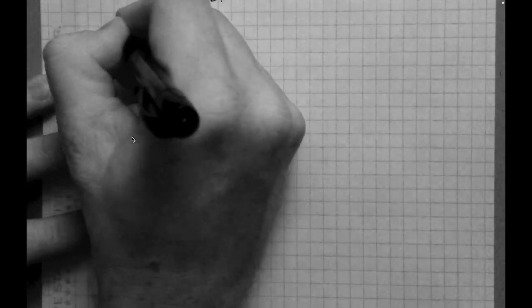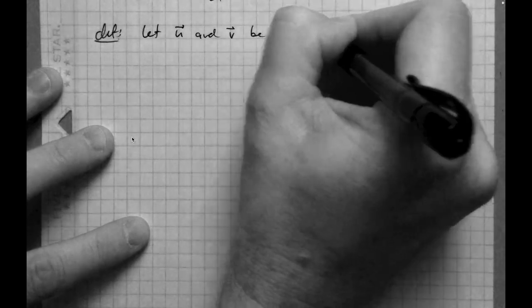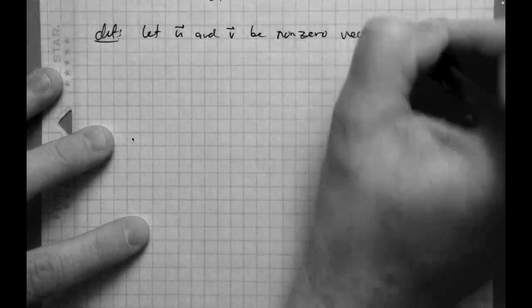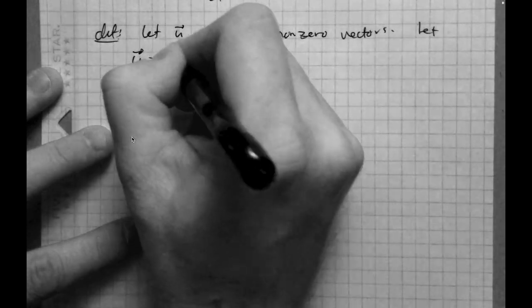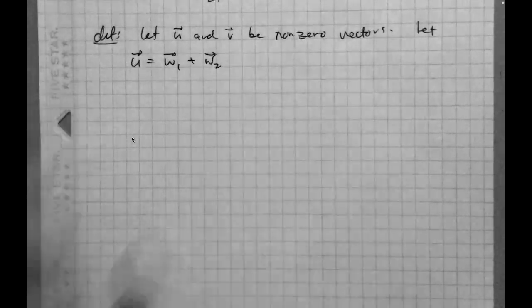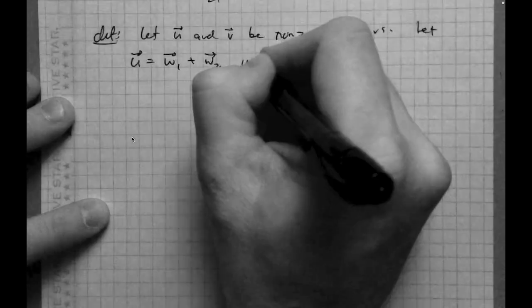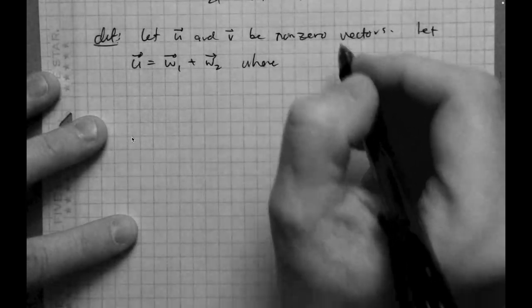Let's talk about another definition. This is going to be the projections of vectors. So let u and v be non-zero vectors. Let u equal w1, a vector, plus w2, another vector, where these w1 and w2 have properties relative to v.